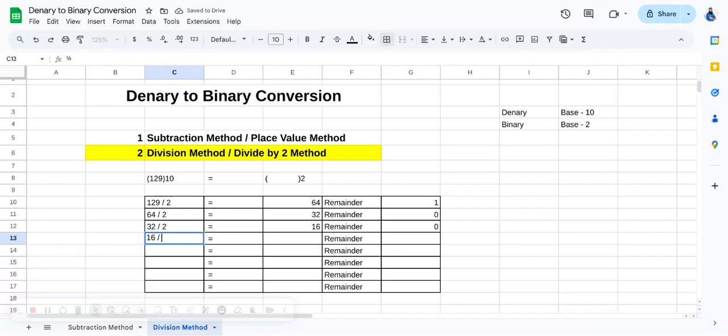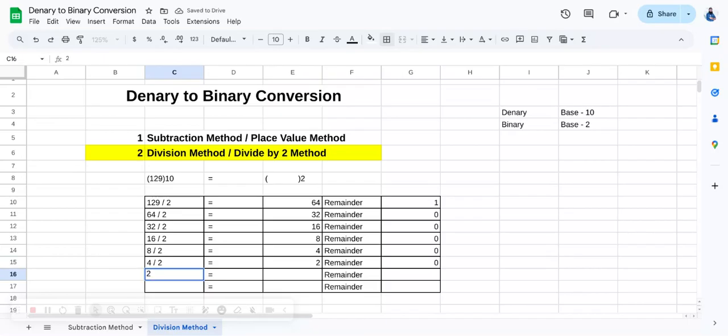Then 16 divided by 2 is 8, remainder 0. Now 8 divided by 2, the answer is 4 and remainder is 0. Now 4 divided by 2, we get 2, remainder is 0.